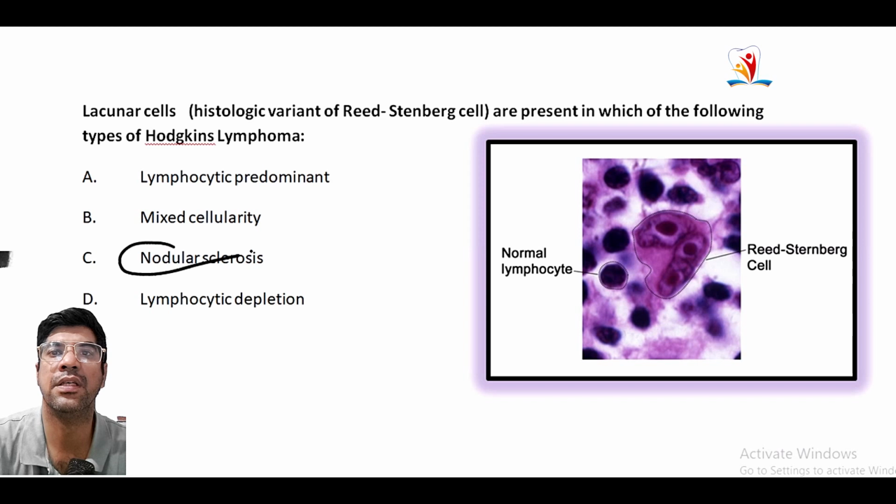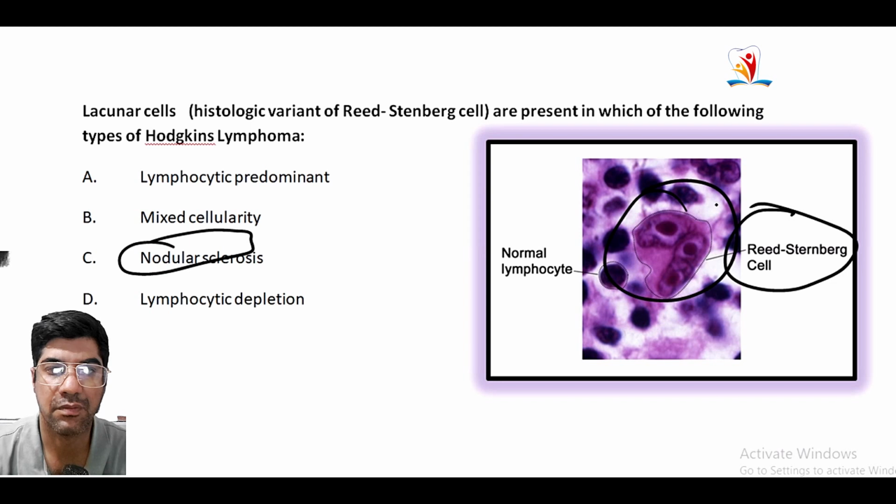So lacunar cells are histological variants of Reed-Sternberg cells that are present in nodular sclerosis Hodgkin lymphoma, which is characterized by a nodular pattern with broad bands of fibrosis that divide the lymph nodes into nodules.